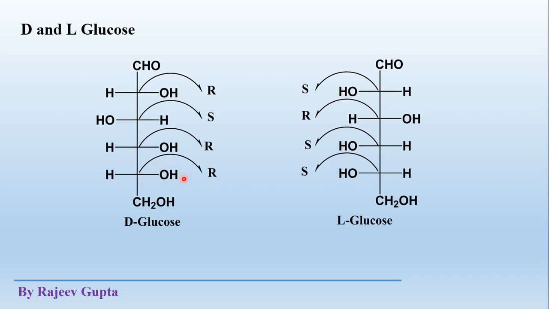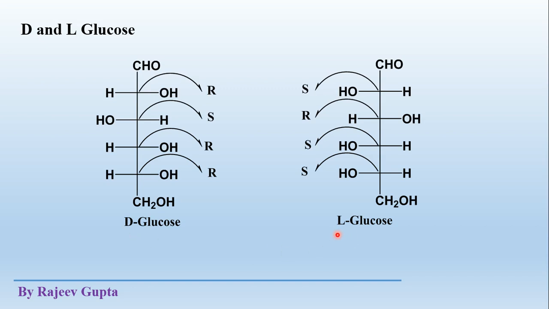At the highest numbered chiral center, if the OH group lies on the right-hand side, that is called D. If this OH group lies on the left-hand side, that is called L. Capital D, capital L and small d and small l are different things.